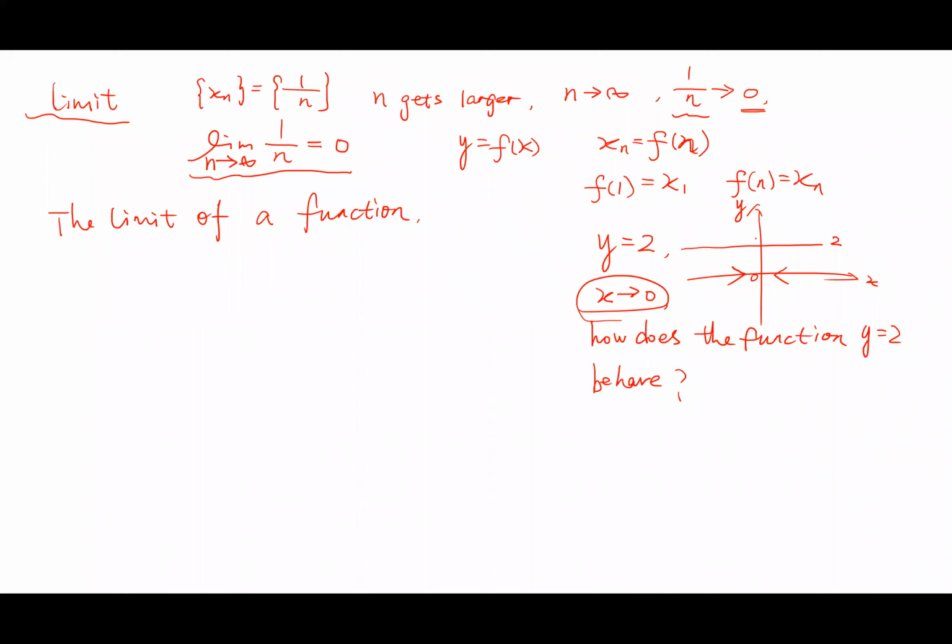So we can see y always equals 2. That means the function gets very close to always this number, this constant 2, right? So here we know as x approaches 0, y approaches 2, right? Y gets very close to 2.